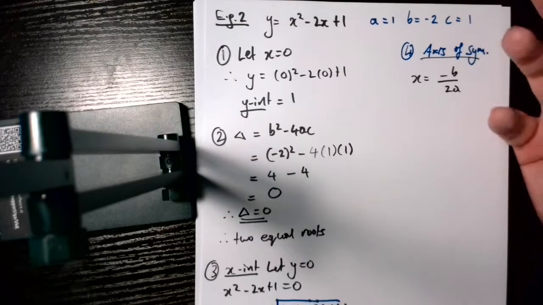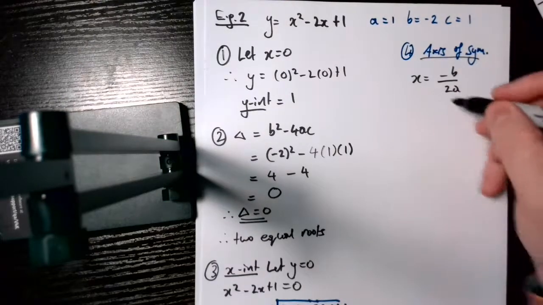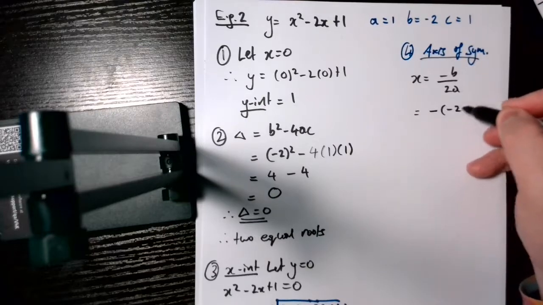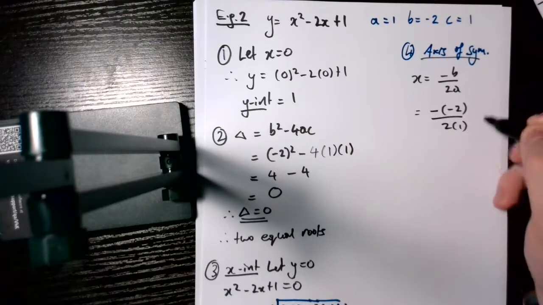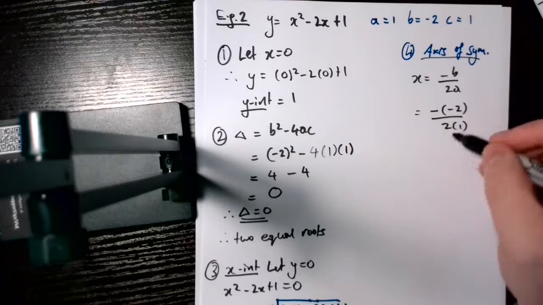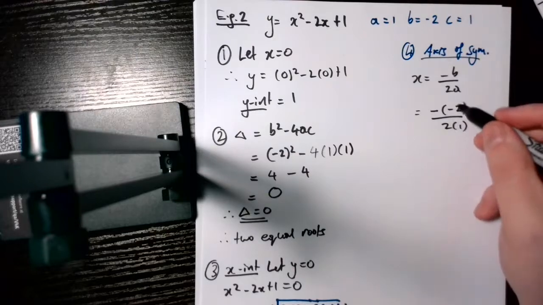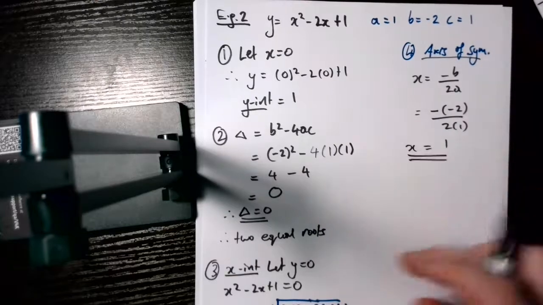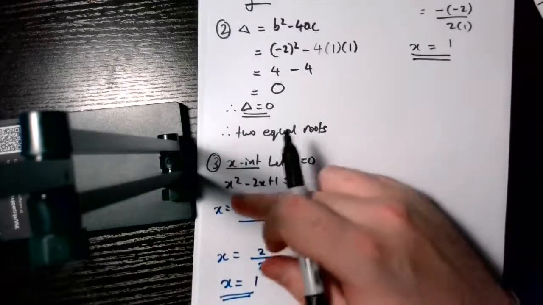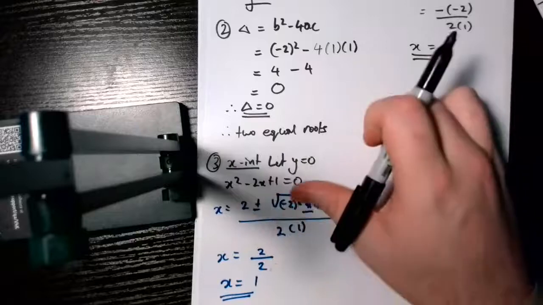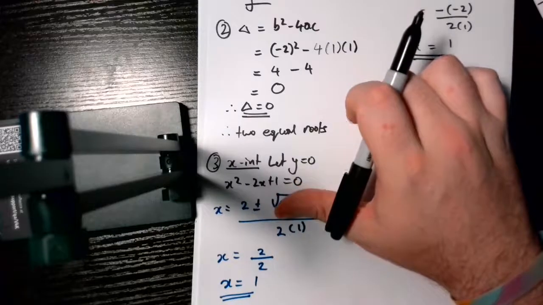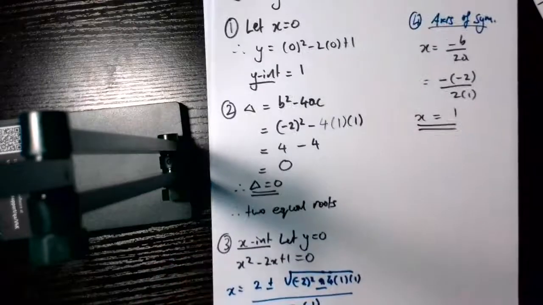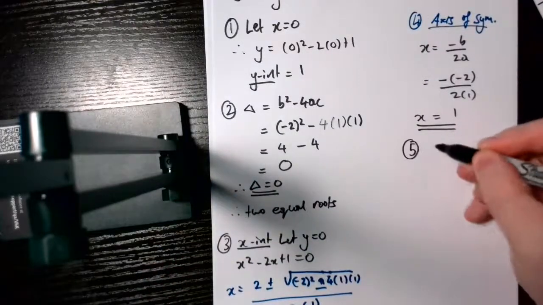You should recognize it anyway, but just for anyone that doesn't believe me, it equals minus b, well, minus minus 2, all over 2 times 1. Two negatives make a positive, over 2 times 1, so we have positive 2 over 2, which equals 1. And that makes sense because we're wiping out this whole square root, leaving us only with the axis of symmetry that we had before.